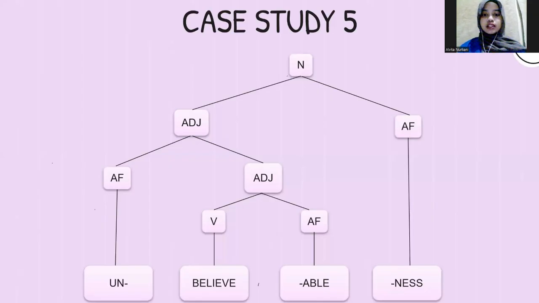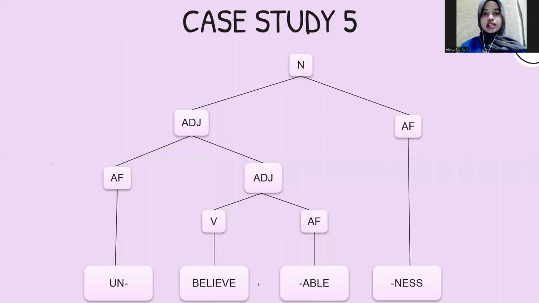So in the adjective believable, if we add the affix un, it changes the meaning, but not the word class. It changes the meaning because the affix un is to reverse the action of a verb or an action. And then in the adjective unbelievable, if we add another affix, which is ness, it changes the word class and also the meaning.